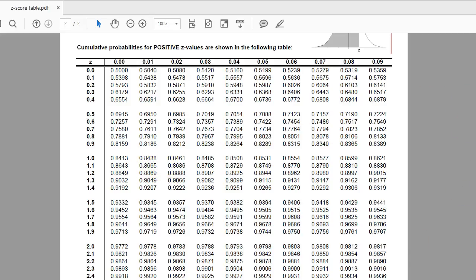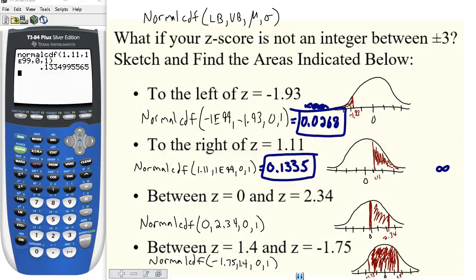Now, what we're going to find out is that's not the answer, right? Why isn't it the answer? Because that's the area to the left of 1.11. If we want to find the area to the right, we're going to have to subtract that from 1.